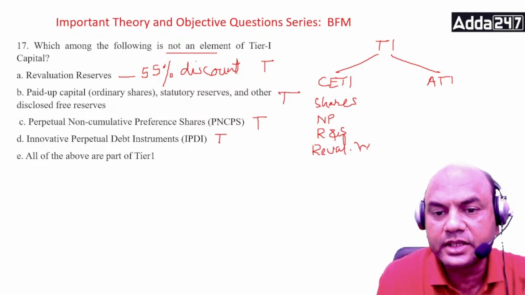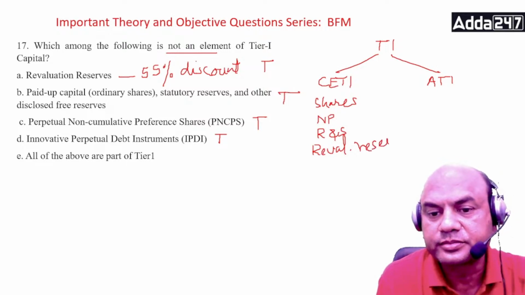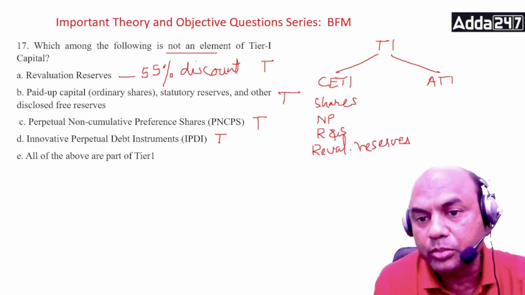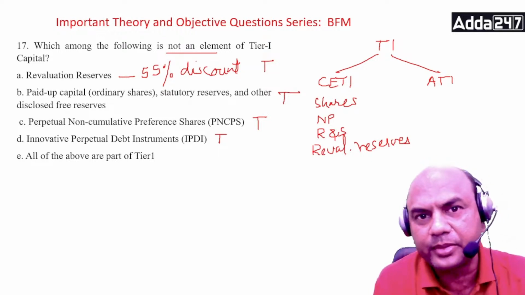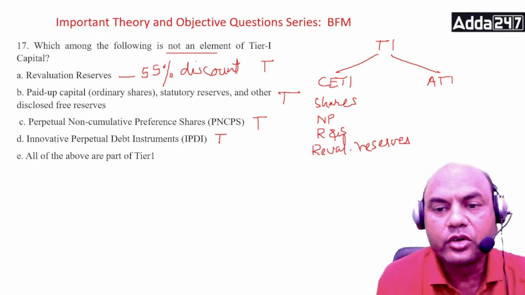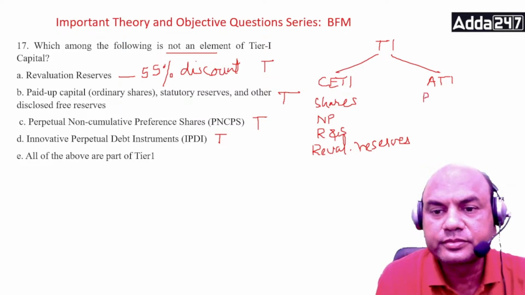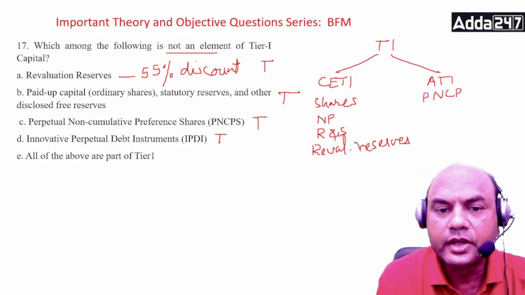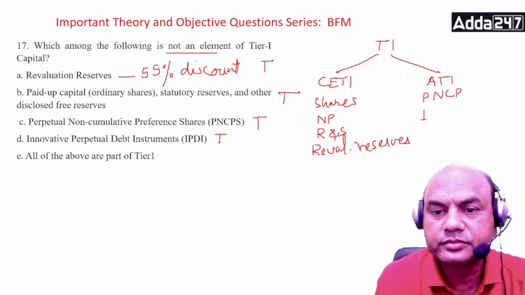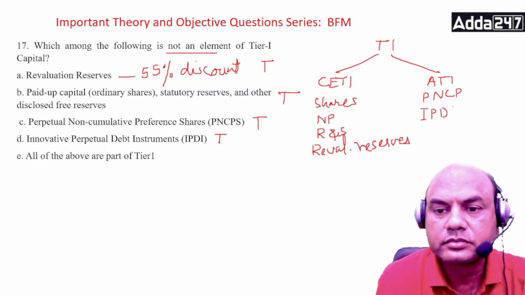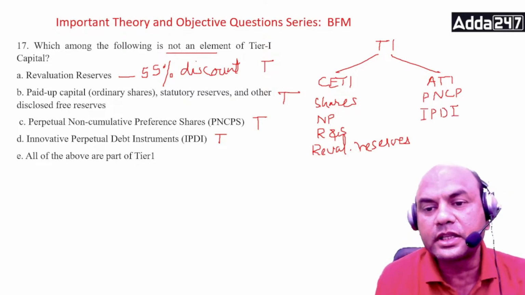These are part of your CET1. AT1 has many parts, but mainly two. One is PNCP and second is IPDI. So these are the parts of tier 1.